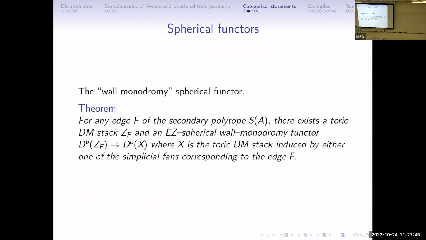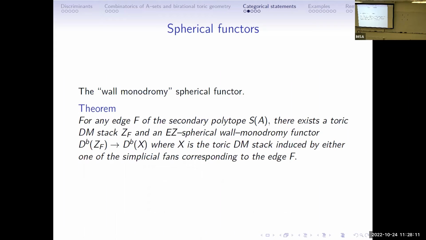But before I do that, I have to say something about the wall monodromy spherical functor. Basically, one could prove a theorem, and this wall monodromy is a slightly misleading term. It is a true monodromy if you think about the mirror side, but here we're talking about bounded derived categories of coherent sheaves.